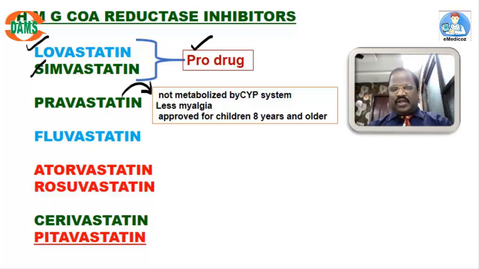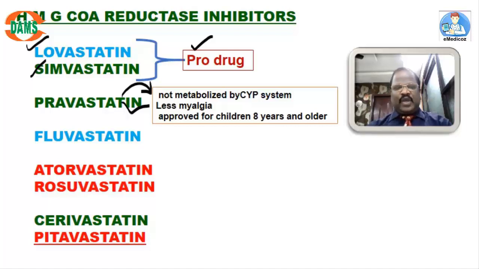And we know one of the common adverse effects of statins is muscle pain, myalgia. Among the statins, a drug causing less chance of myalgia is pravastatin. Pravastatin is also approved for treating hypercholesterolemia in children 8 years and older.